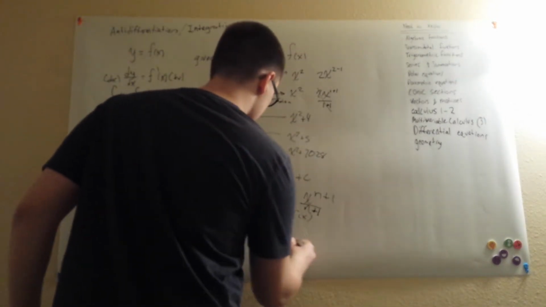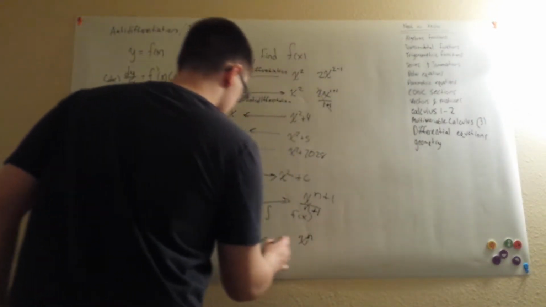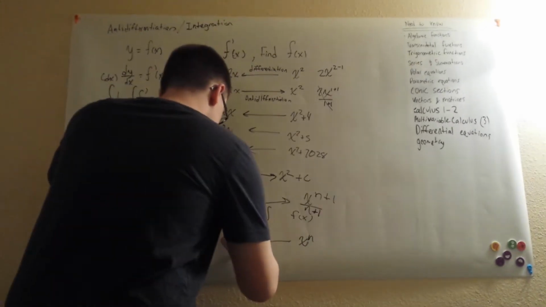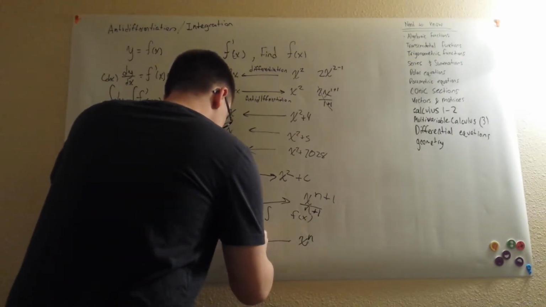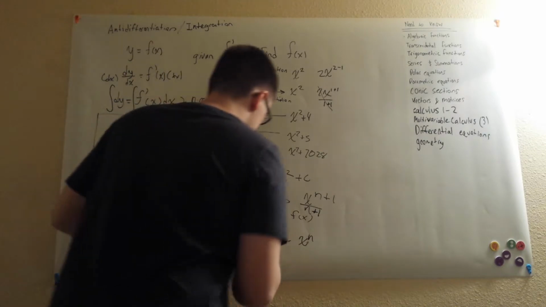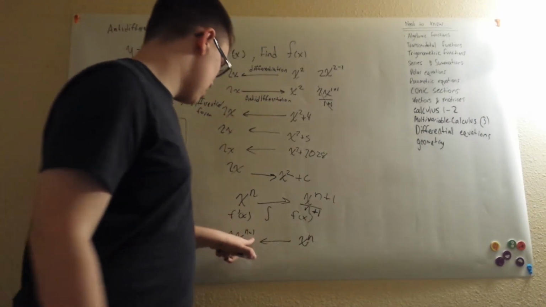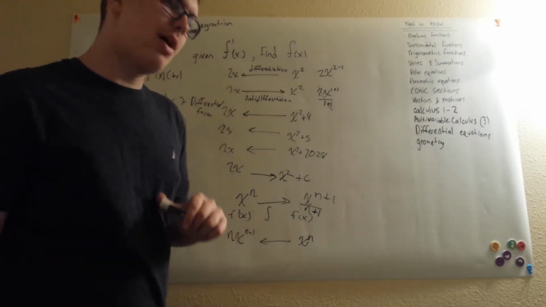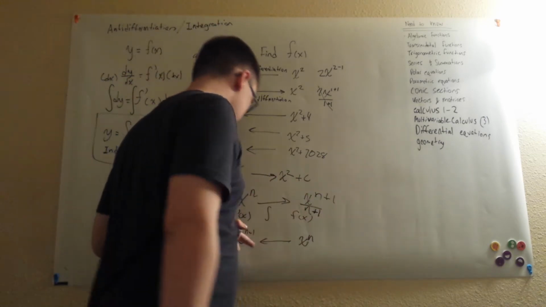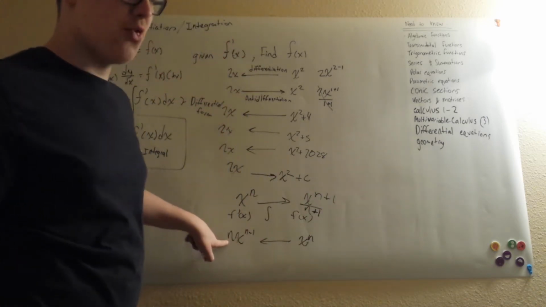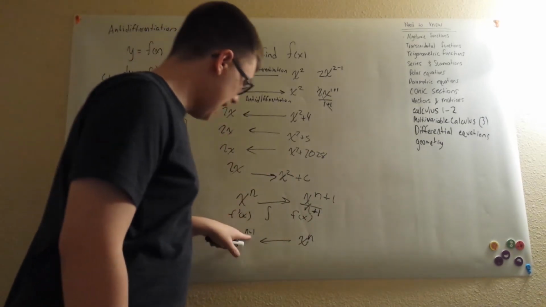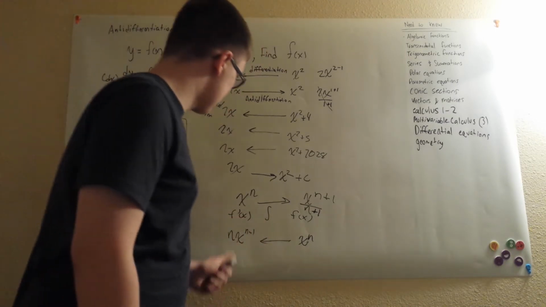Notice how that's completely opposite. If we said x to the n, we'll differentiate that. We'll put x to the n minus 1 times n. Sorry, we put n in front first and then subtracted 1 from the exponent.